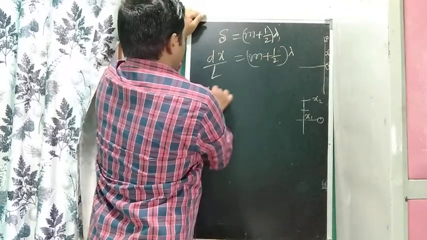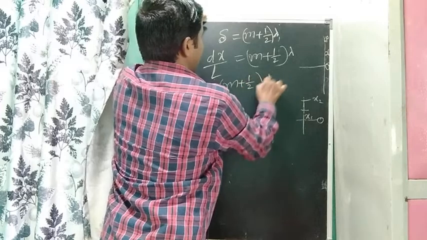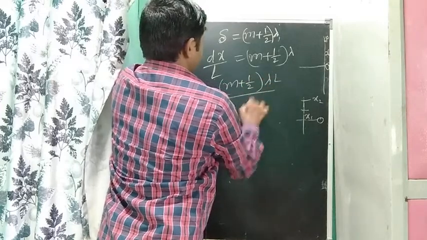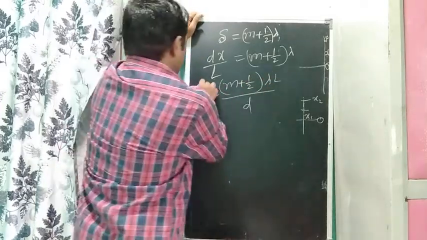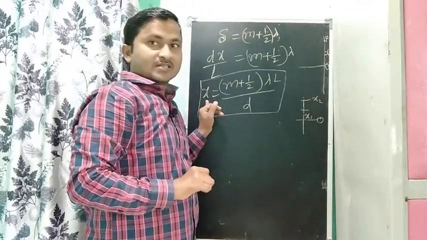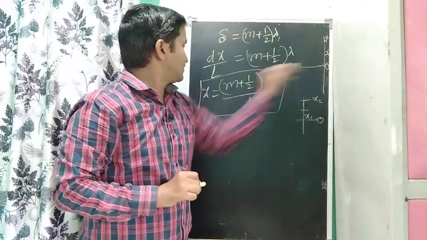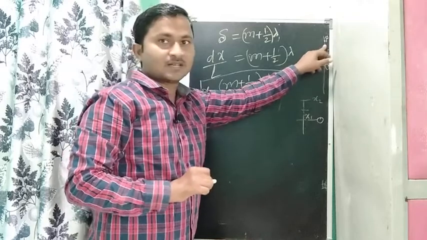From this, x equals m plus 1 by 2 into lambda L by d. Here x is the distance of the dark fringes from the center.